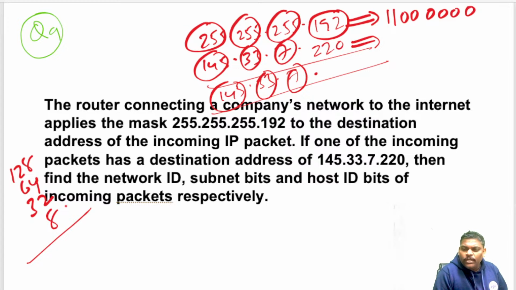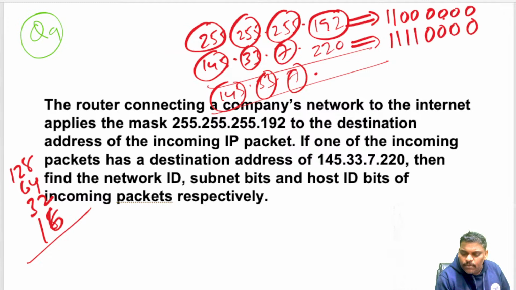Check properly. 220 how? 12 plus 2 is 14. I think 16. I think it's going to be 1 1 0 1 1 1 0 0.